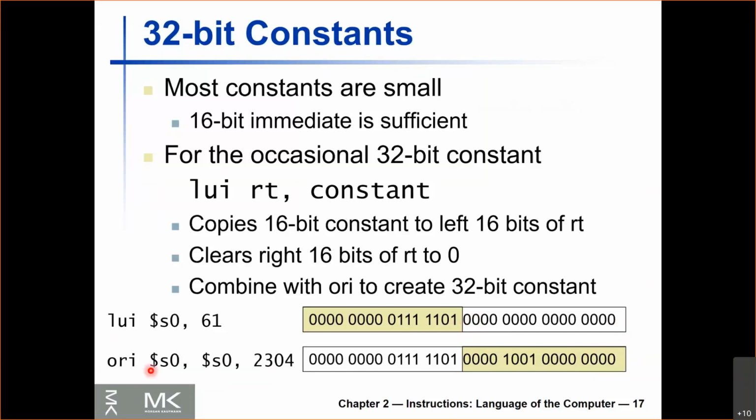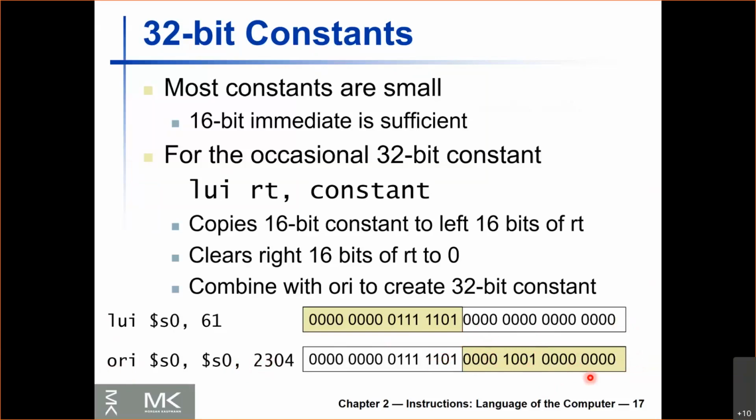So OR immediate will take S0 and OR it with some value. To set these lower 16 bits, I just provide the value that I'd like to set as an immediate operand to the OR instruction. And when you OR the 16 bits with this constant, the result will just be the constant, because anything OR 0 will be whatever that thing was.